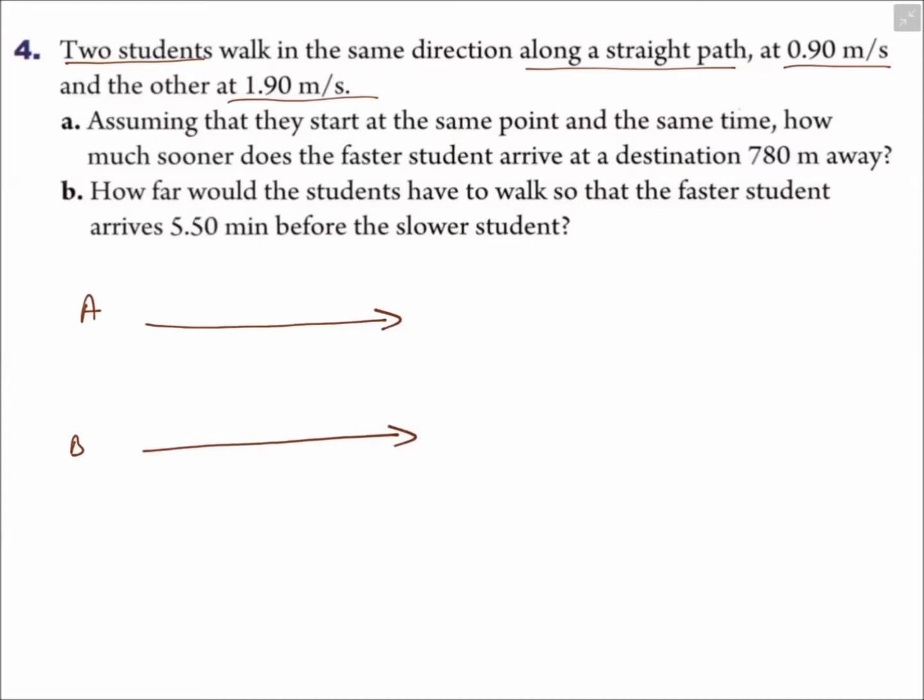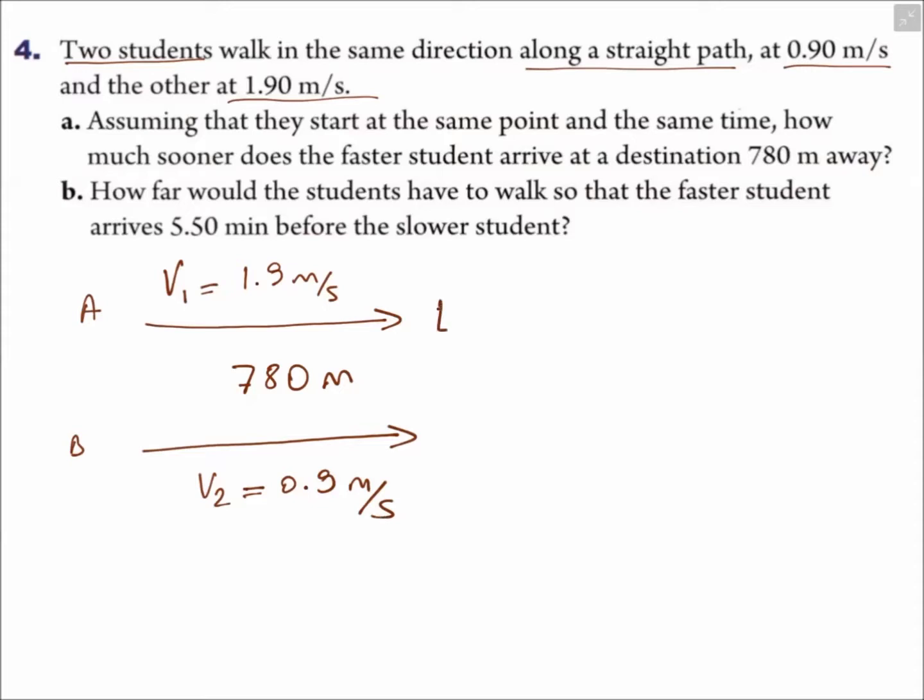The total way is 780 meters, but the faster guy, we can say his speed is 1.9 meters per second. The slower one, let's say v2, is 0.9 meters per second. Now I'm going to calculate both times and I will subtract them from each other.